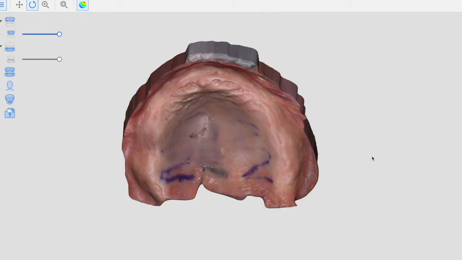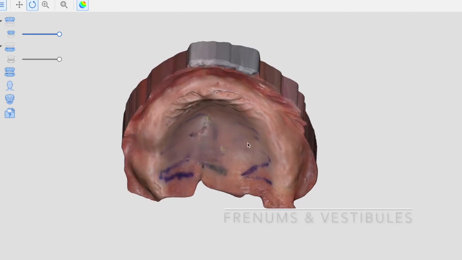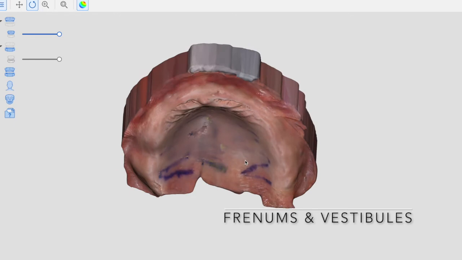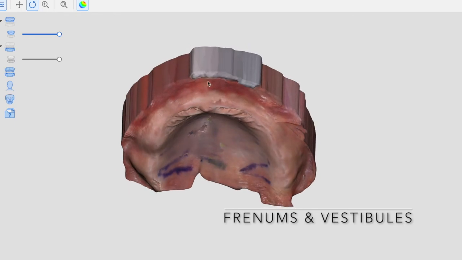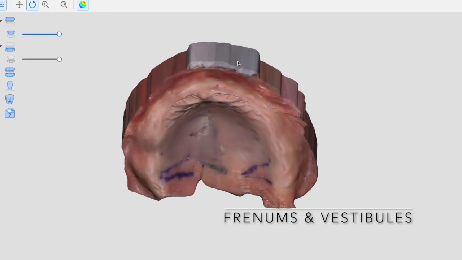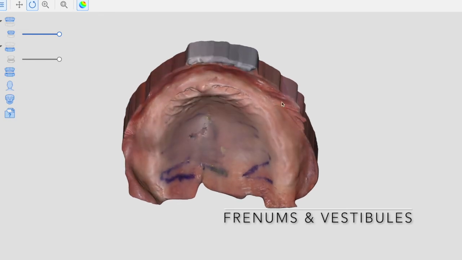Maxillary fully edentulous anatomy. So we're going to start with the frenum and vestibules, and this is the position of the labial frenum for the maxilla, and this is well taken.